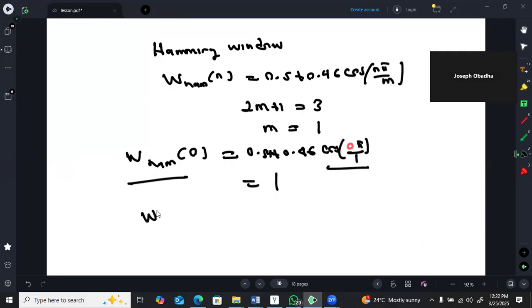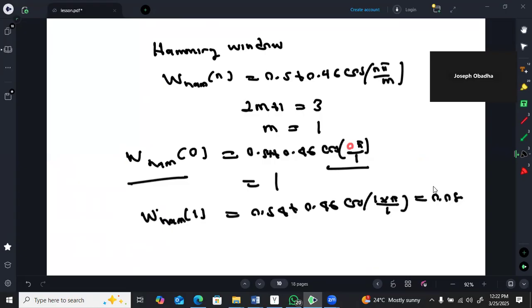Then W Ham 1 would be 0.54 plus 0.46 cos 1 times pi over 1, which would actually give us 0.08.